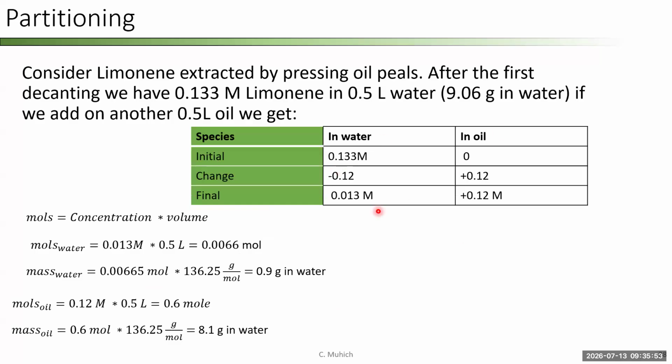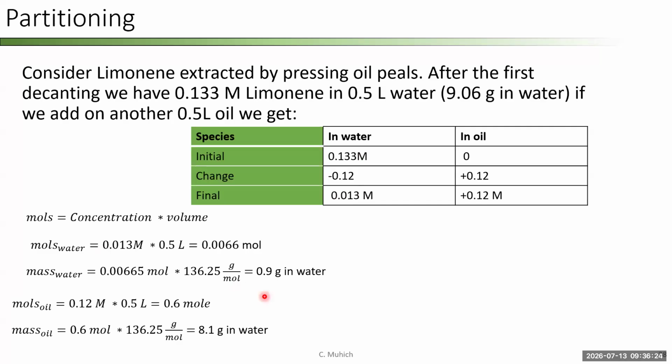If I put this into my table, at the end in my aqueous phase, my water phase, I have a final concentration of 0.013 molar, and in the oil I have 0.12 molar. We can again figure out what the mass is in the water versus the oil, just like we did before. So here's the math showing here.